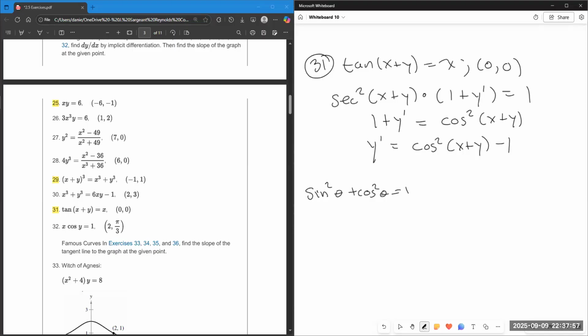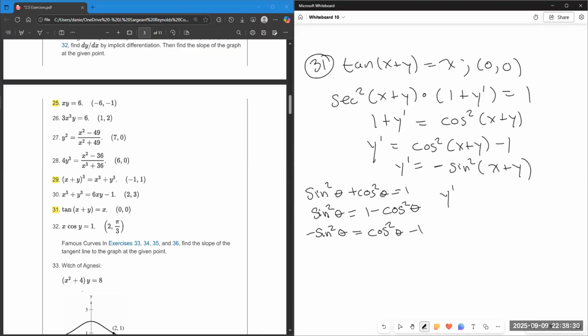So sine squared theta will be 1 minus cosine squared theta, which is the exact opposite of what I have here. I have cosine squared minus 1. So a negative sine squared theta will be cosine squared theta minus 1. That means that y prime is negative sine squared of x plus y.